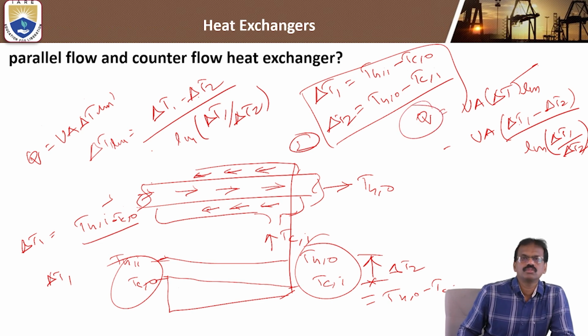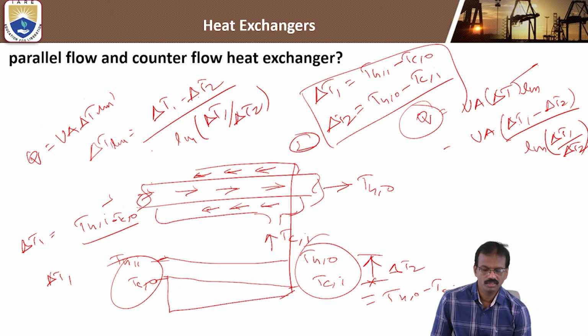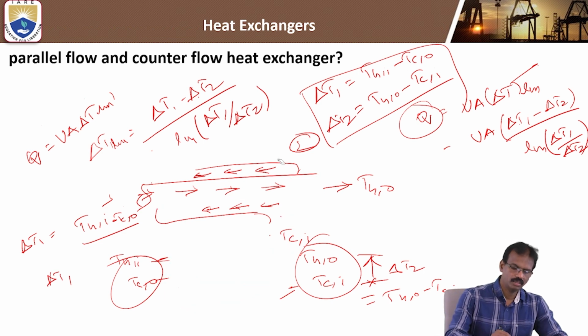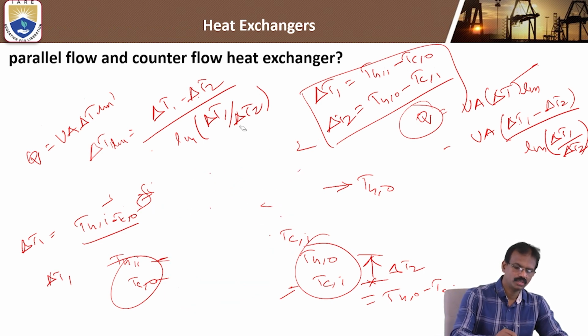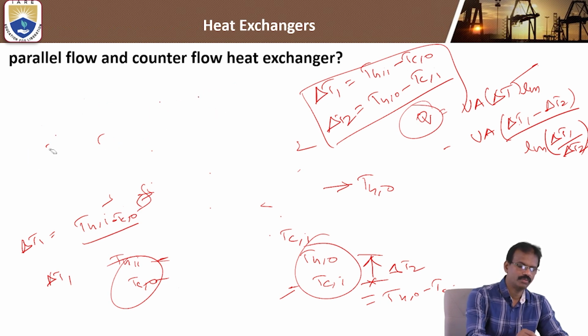Okay. So we'll see what is the importance of the LMTD method and what is the drawback of the LMTD method also. We'll see. So this one is the details regarding the terminology regarding the parallel flow and counter flow.